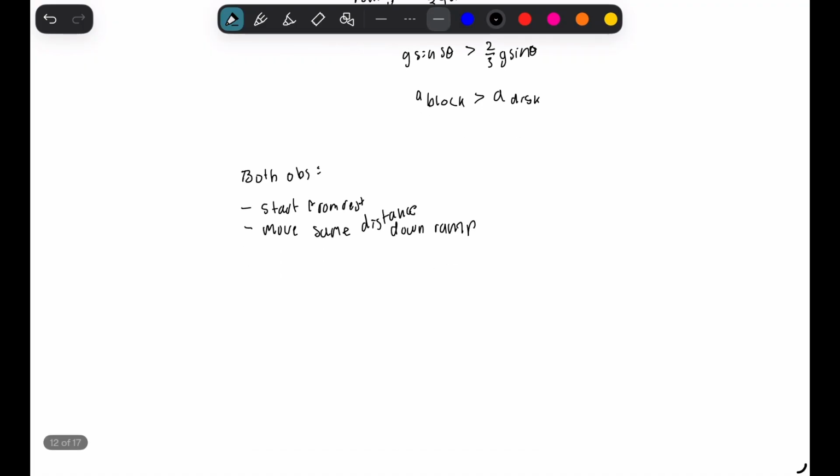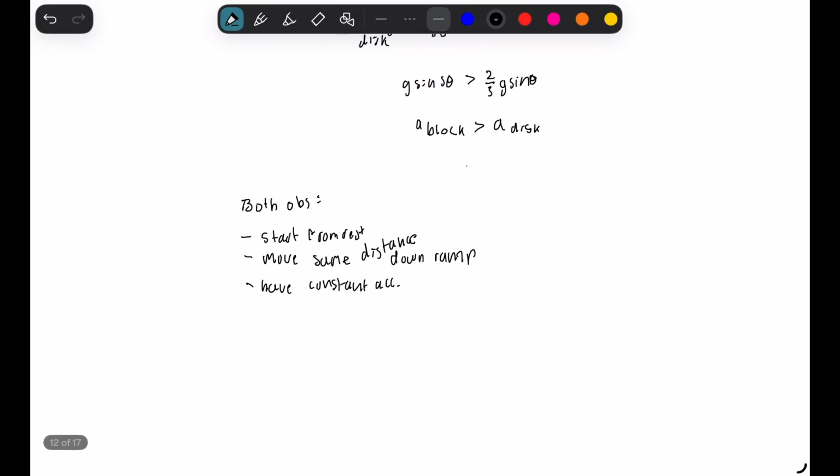It is the shortest path, but we wanted to say distance here. And they also are going to have constant acceleration. So that means that obviously the object with the greater acceleration is going to reach the bottom in less time. Therefore, t of the disk is going to be greater than the time of the block.